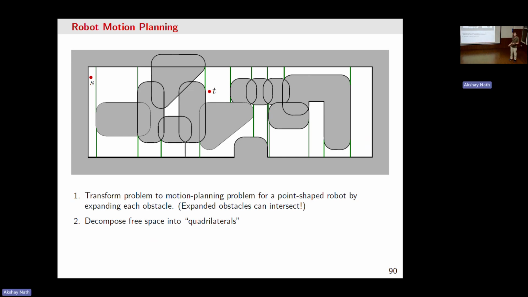So this is the reason for looking at only one cell of the arrangement and not the complete decomposition of the plane.